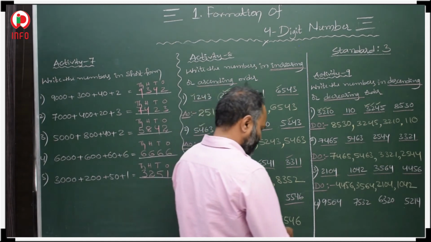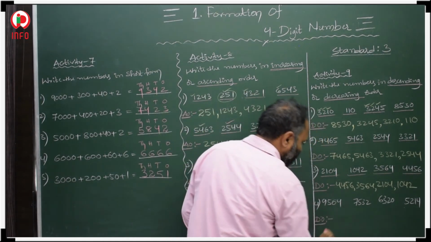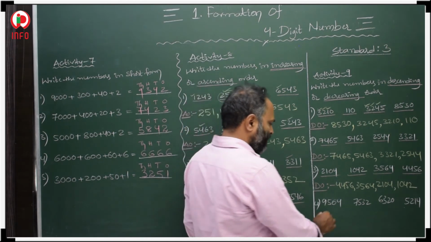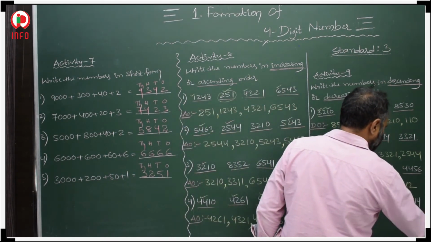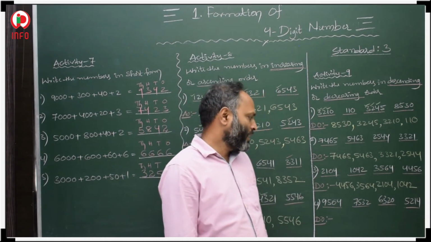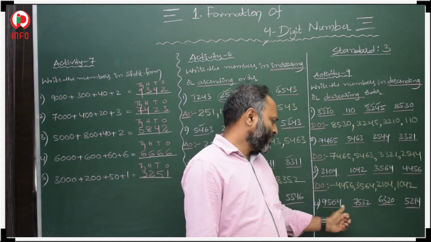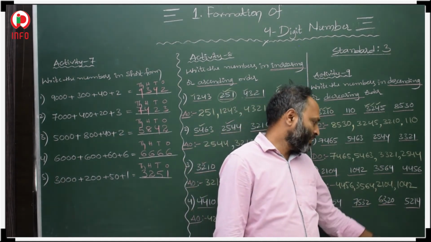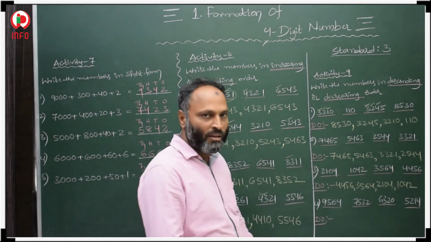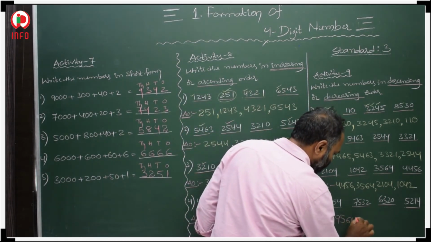Next, the last question, descending order. Four numerals, 4-digit numerals. We have to check which one is greater. Thousands places first: 9,000, 7,000, 6,000, 5,000. 9,000 is bigger, so 9,564.